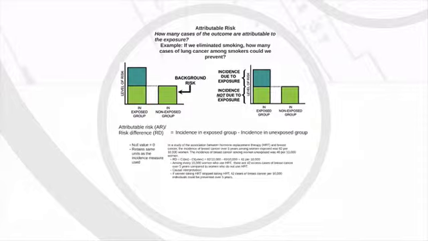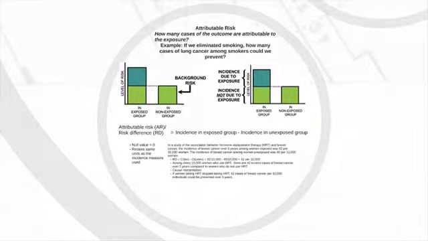So, for example, are 100,000 per million cases per year because of smoking? It's about the number of cases per year that are caused by the exposure versus a comparison of your exposed and unexposed groups.